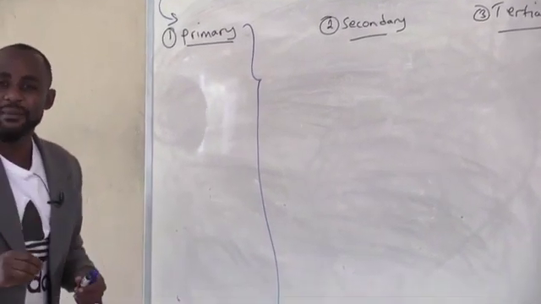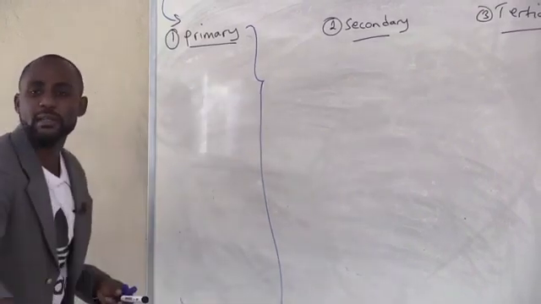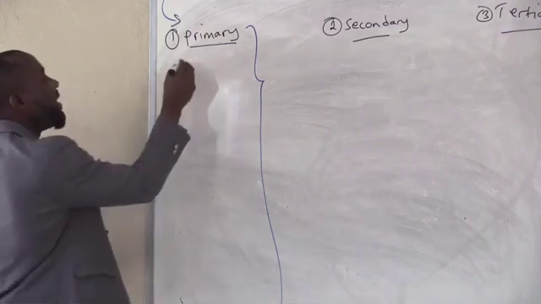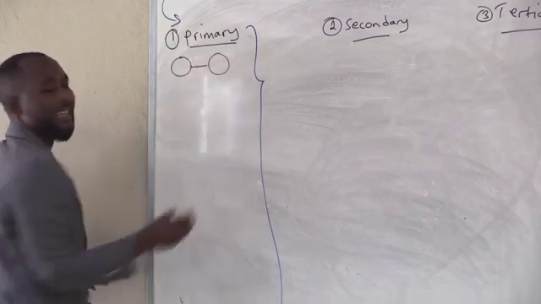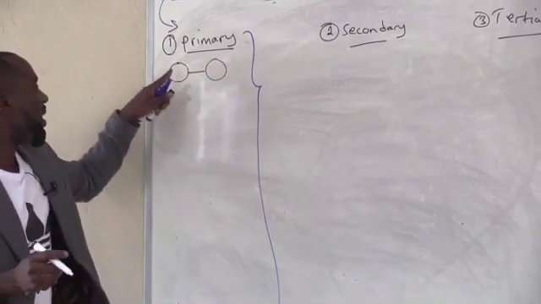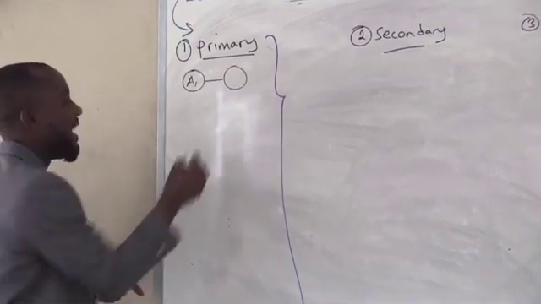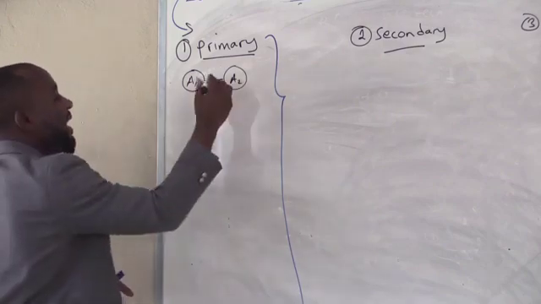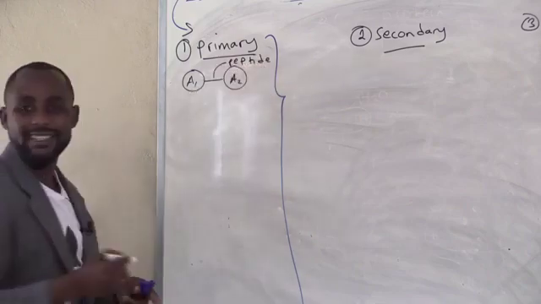For the sake of time, I'm not going to draw amino acids throughout. I'll be using circles. So when you see me drawing a circle and another one, in your mind, you should remember that I'm trying to show you one amino acid which I can call A1 and another amino acid I can call A2 coming together, and that bond there is what we are calling a peptide bond.